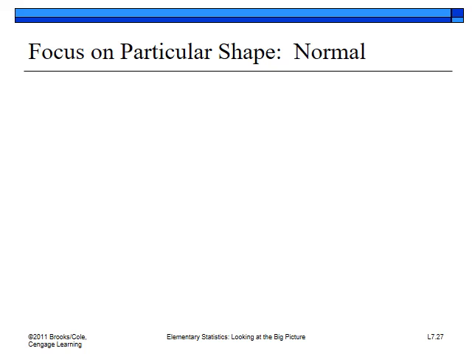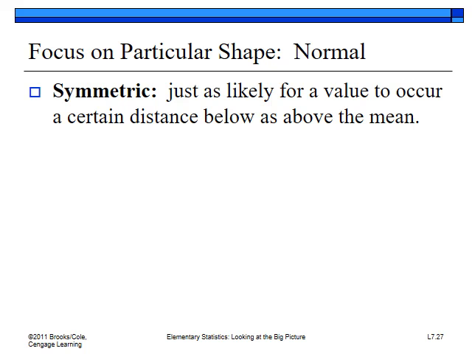If your histogram, though, follows the normal curve, using the standard deviation is a great thing to do. Remember that a symmetric distribution means that it's just as likely for a value to be a certain distance above as below the mean. In other words, the shape of the distribution looks the same on one side as it does the other.